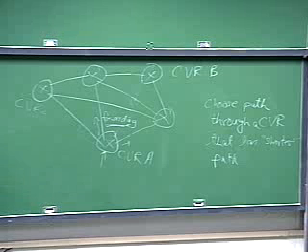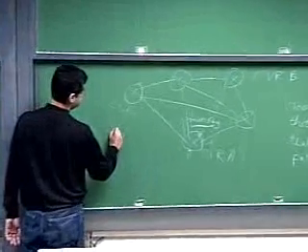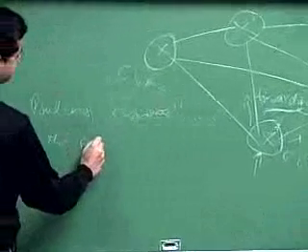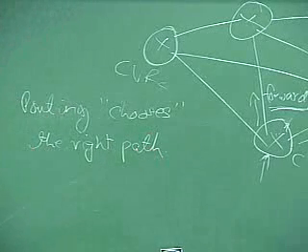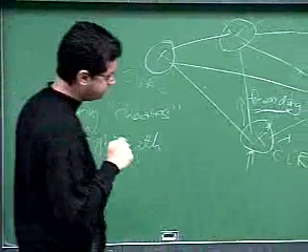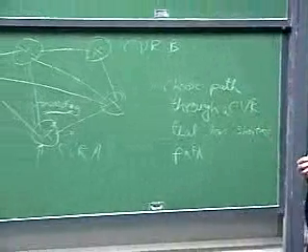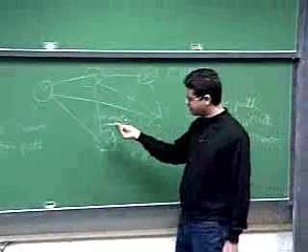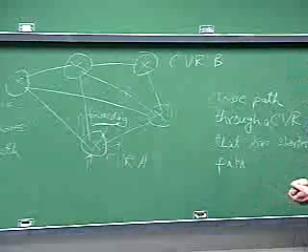And routing deals with choosing. So routing chooses the right path. So when we come to the details of how a router on the internet works, you'll see that there are different problems associated with forwarding and routing, and they can be separated out.